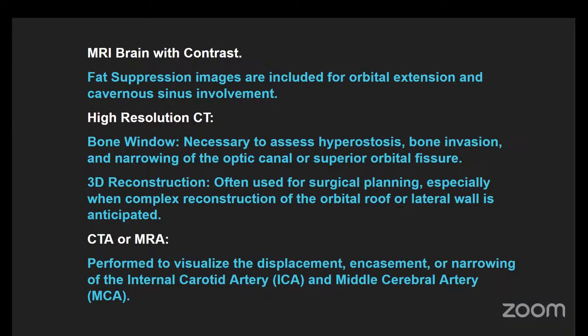If they are from ICA, we avoid it usually. It is only possible for ECA. So CTA or MRA is done if we think that there is encasement of ICA and MCA. If we do not see visible encasement, then T2 weighted image is going to be sufficient usually.